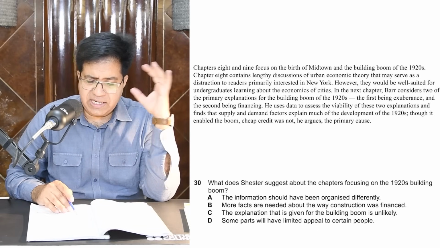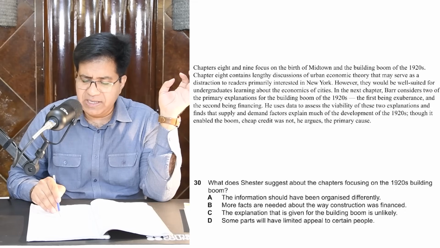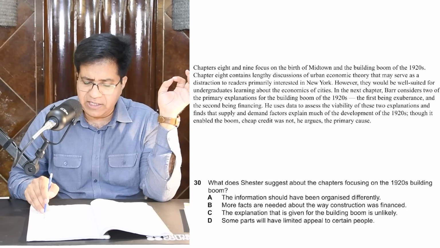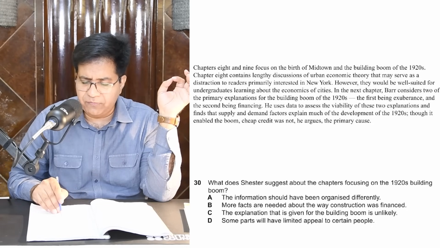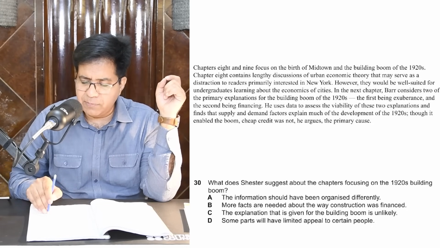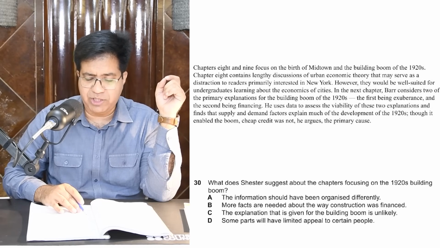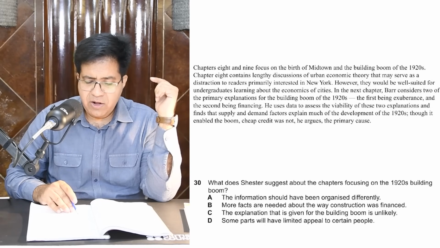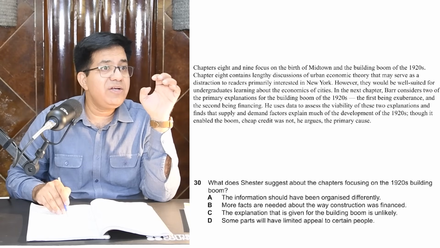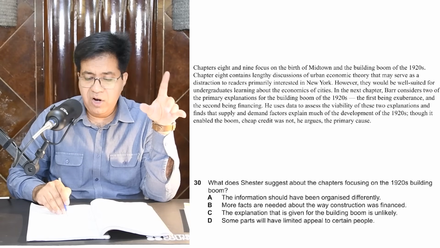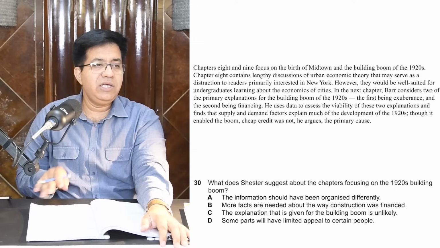So, chapter 8 and 9 focus on the birth of Midtown and building boom of the 1920s. Chapter 8 contains lengthy discussions of urban economic theory that may serve as a distraction to reader primarily interested in New York. So, that chapter is a distraction for a reader who is interested in New York.